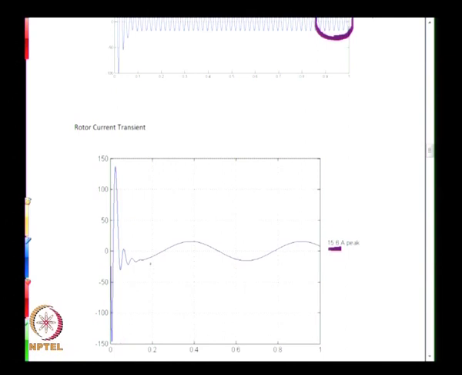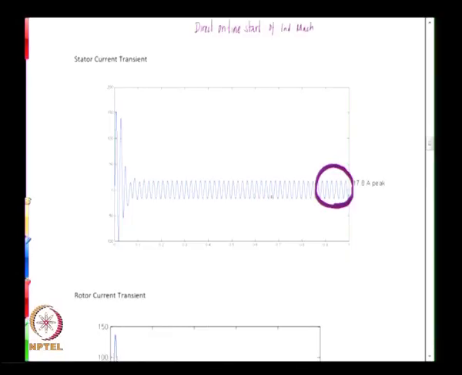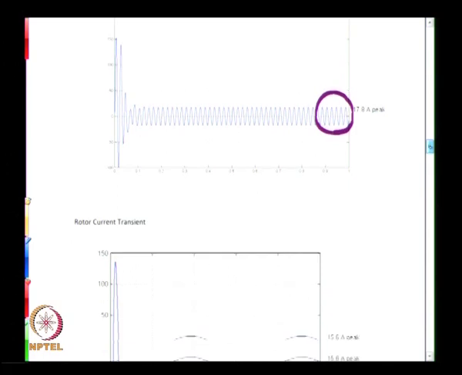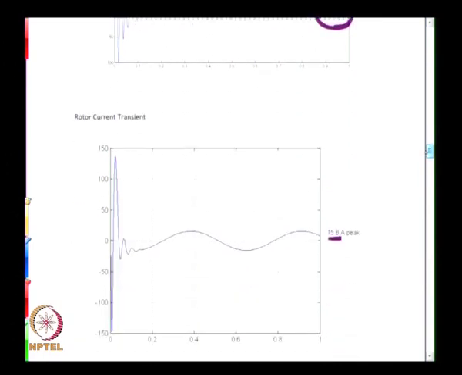That clearly indicates that we have a very low frequency waveform here, about 2 hertz or so, whereas on the supply side, the stator, this is clearly a 50 hertz waveform. So one can see that because of the small slip, the rotor current has slip frequency.